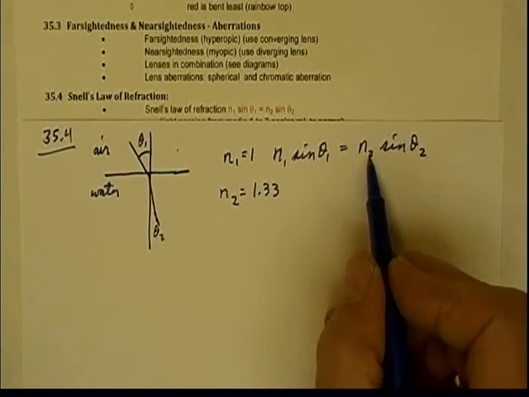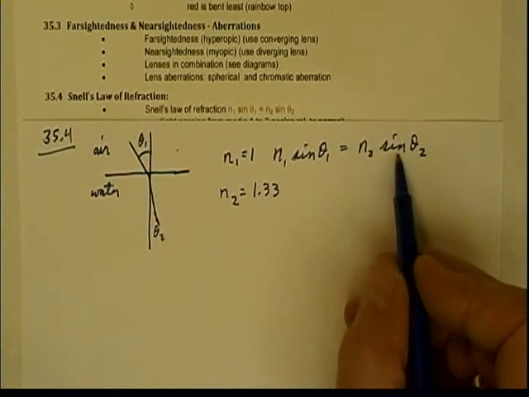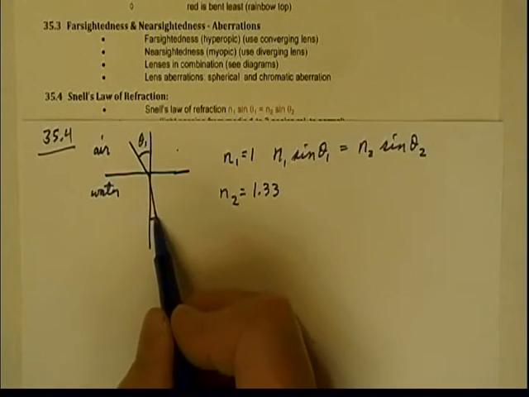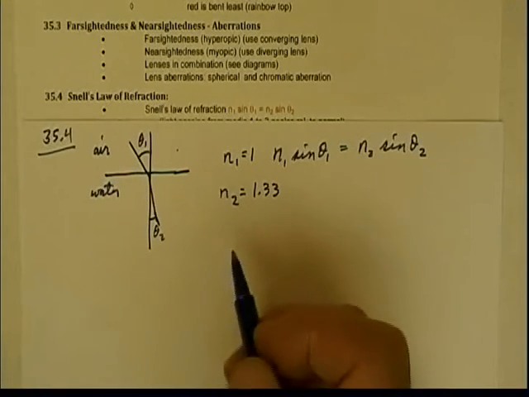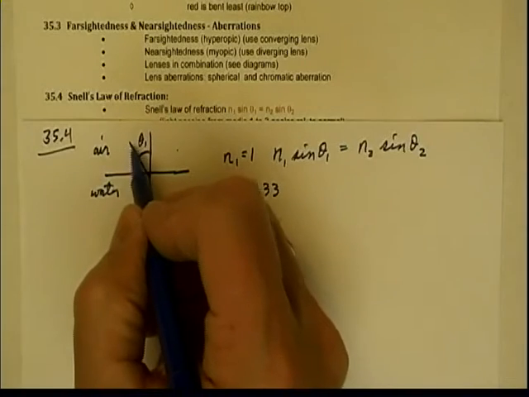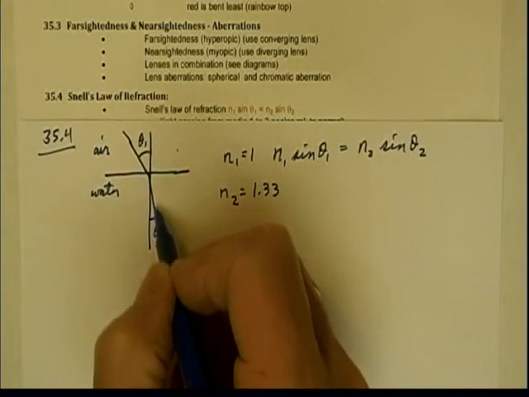Now, since n2 is greater, it implies that the sine of theta is going to be smaller, therefore theta is smaller. And so this angle here is smaller than this angle here. Now, this applies to someone that is looking into water.